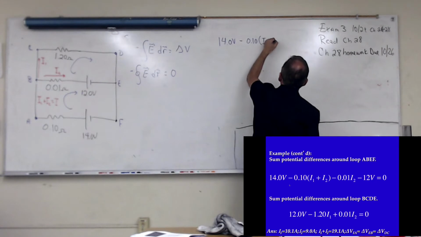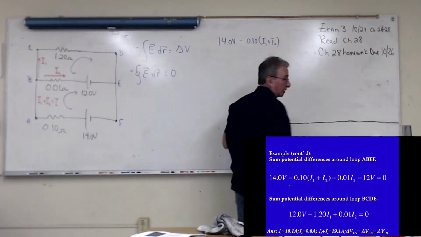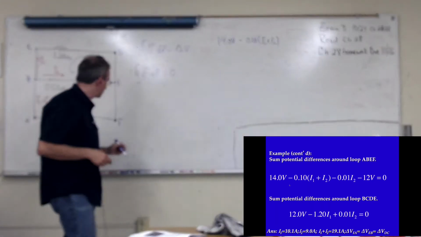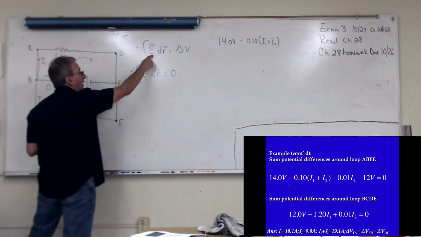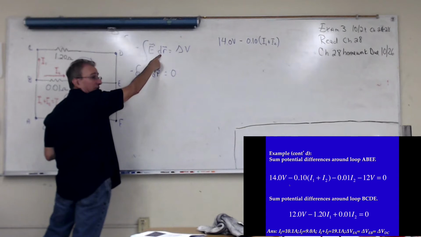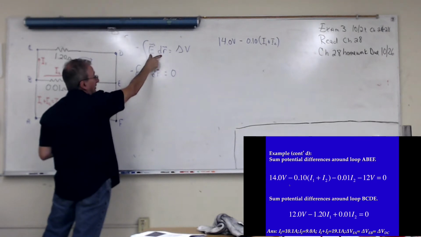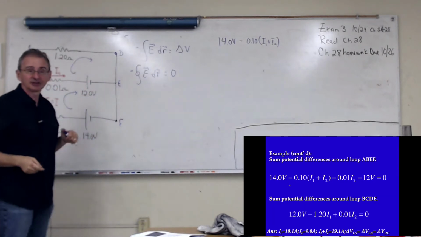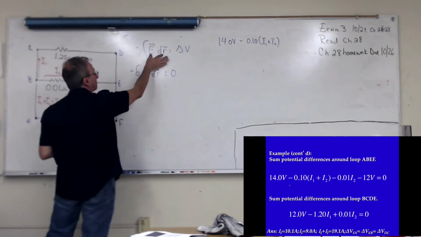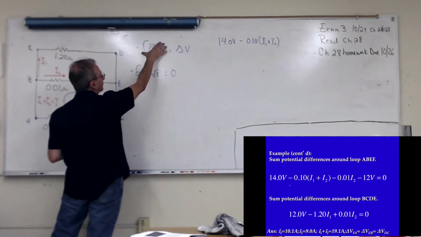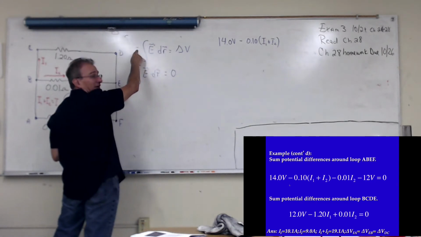You know it's a voltage drop just because it's a resistor, right? The reason it's a drop is because I'm integrating in the same direction as the electric field. This dot product is positive. If this integral is positive, I still have this minus sign out here, right?